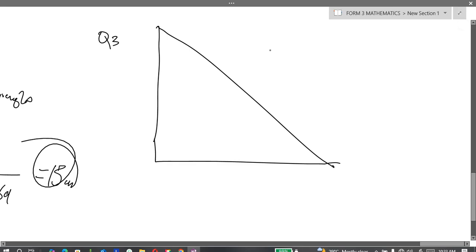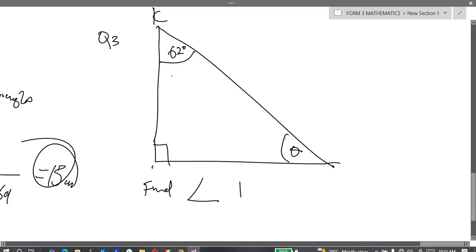This is K. Over here we have 62 degrees, and the question is we should find the angle.